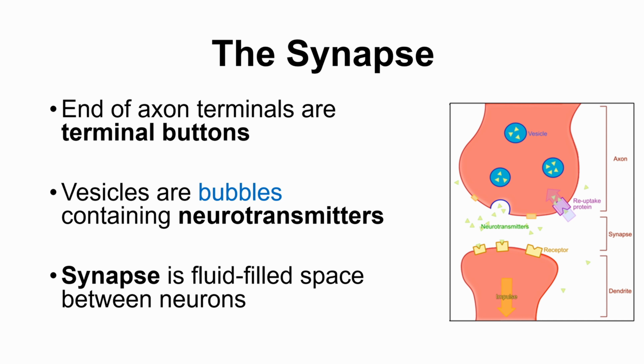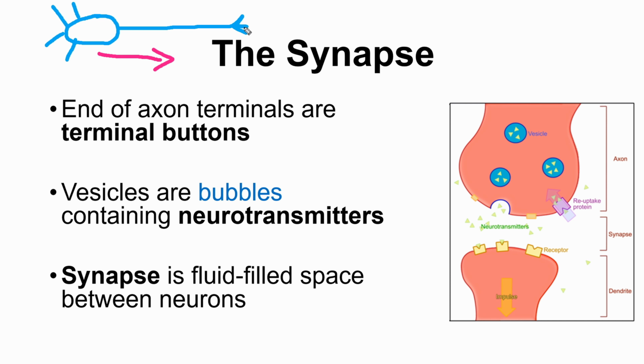Let me grab a pen here so I can draw, because I find that a little bit easier. So if we have our neuron, and it has the axon and the terminals at the end, and then it's probably got some dendrites over here. The signal is always going to be moving in this direction, always from the dendrites to the axon.